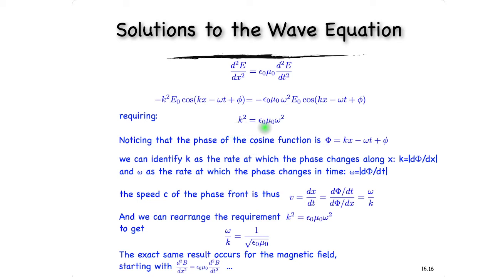So let's rearrange this a little bit to get omega over k. If I divide both sides by k, and then divide both sides by epsilon naught mu naught, and take the square root of both sides, I get this relationship. And omega over k has some meaning now. That's the speed at which the wave is propagating.